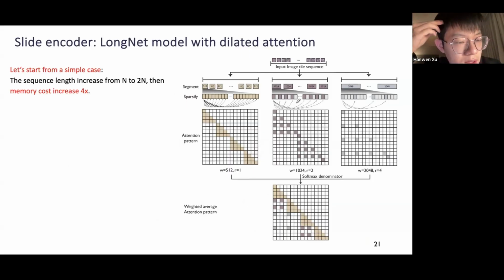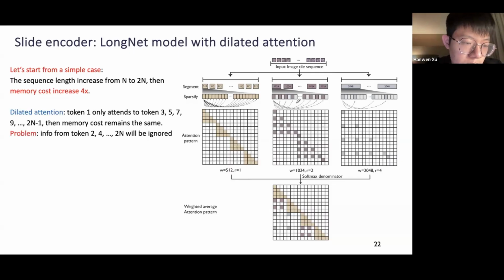If we have a sequence of length n, and we increase the sequence length from n to 2n, then the memory cost will increase 4 times because of the quadratic memory growth. But that is not what we want, because in histopathology we have billions of tokens, and the memory cost would be so heavy that it would blow up our vision transformer.